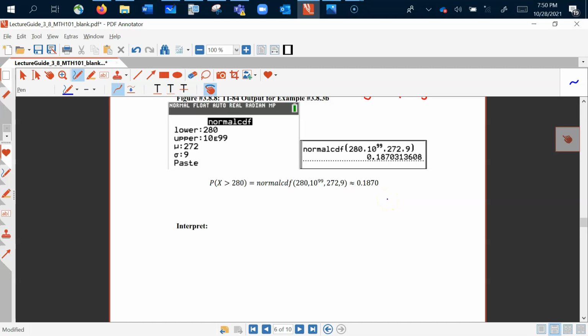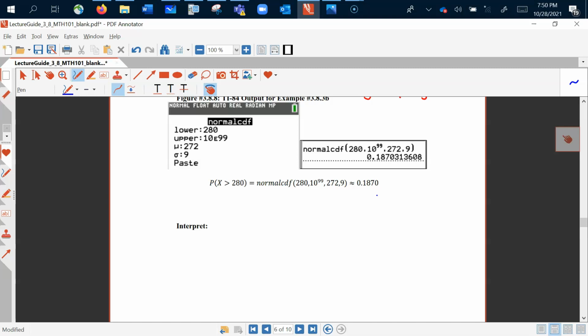We can interpret this for a random individual, and we can interpret it for the entire population. For a random individual, I would say the probability that a random individual human pregnancy is more than 280 days is 18.7%. For the entire population, I would say 18.7% of all human pregnancies take longer than 280 days. Both of those interpretations are correct.